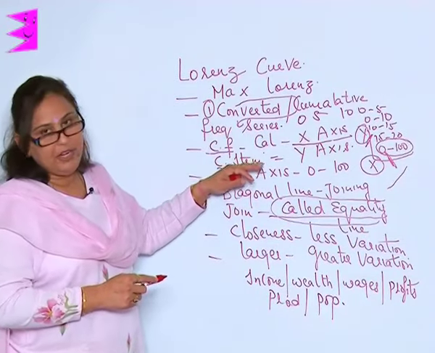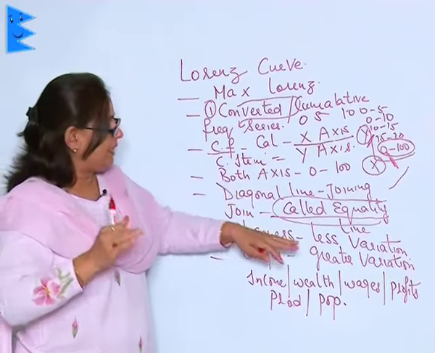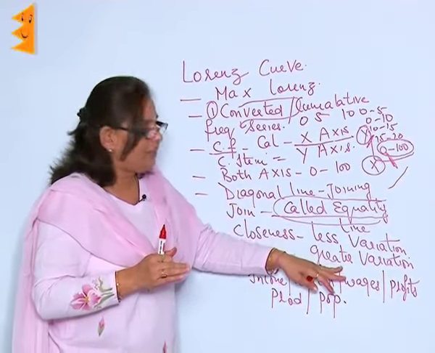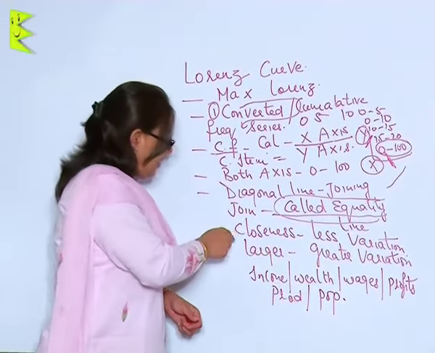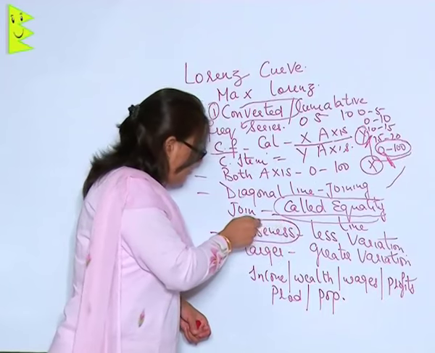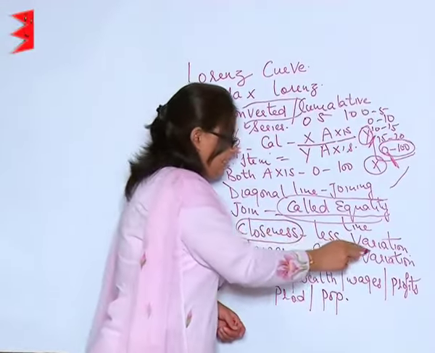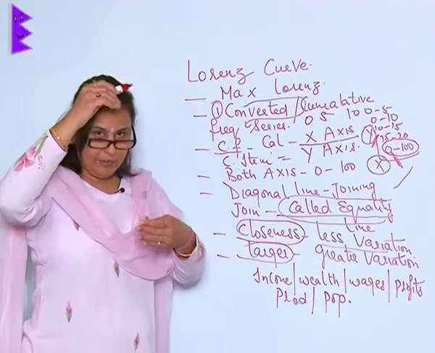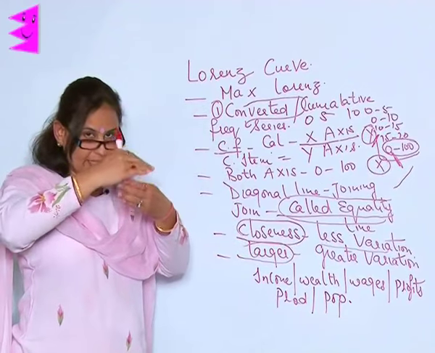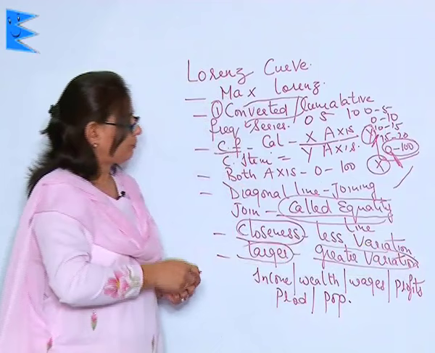When you observe the Lorenz curve, you will easily come to know whether there is less variation or greater variation in the series, because if the curve is close to the line that we have, it shows that there is less variation. If the space between them is larger, it shows greater variation.